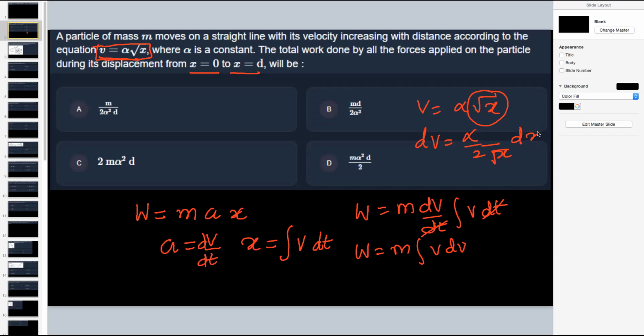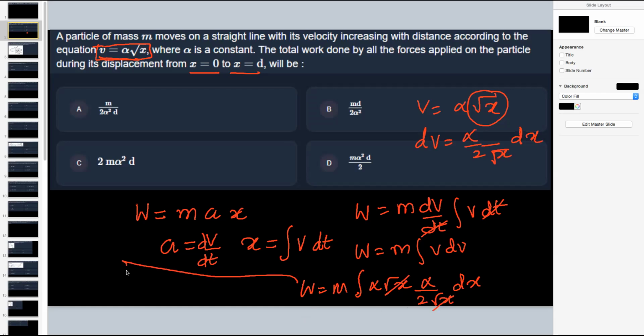Because it is dx, you write dx. So work done equal to m into integration. Instead of v, you write alpha root x, dv is alpha by 2 root x into dx. Root x gets cancelled.